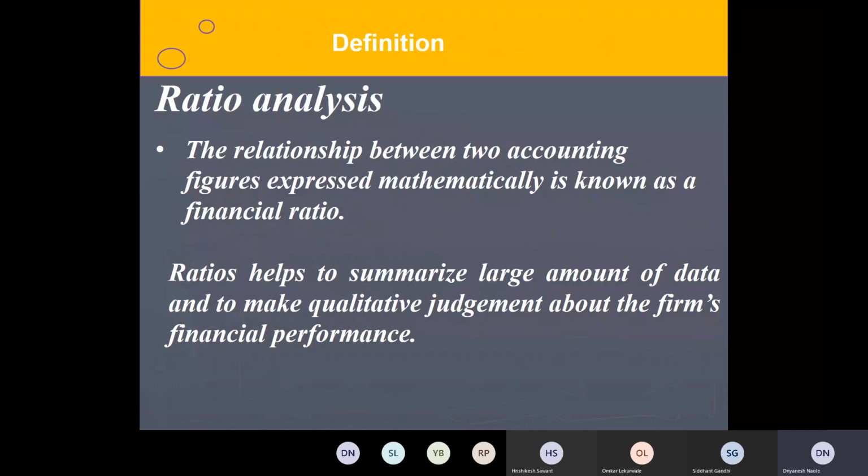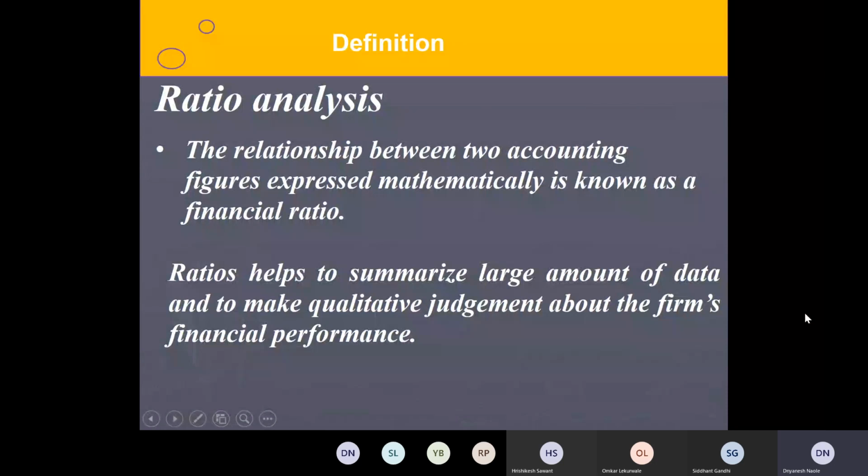So the relationship between two accounting figures, which are taken from the profit and loss account or the balance sheet, expressed mathematically, is known as a financial ratio. Ratios basically help us to quickly summarize the large amount of data present in the profit and loss account and balance sheet, to immediately make some quantitative judgments about the firm's financial performance.